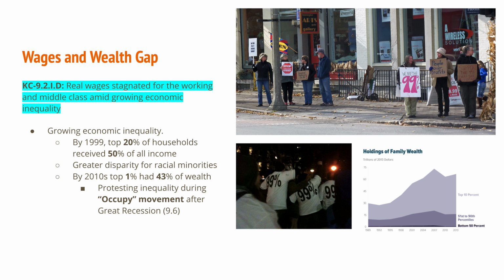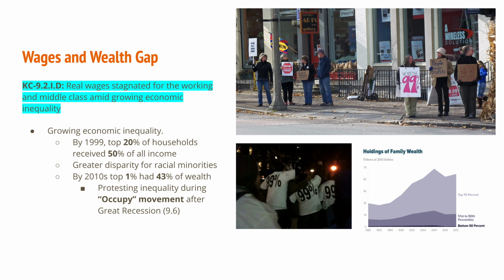All right, so real wages stagnated for the working and middle class amid growing economic inequality. So despite this huge period of economic growth that started in the 1990s, we begin to see that the top 10% of the population in terms of wealth are holding the majority of the nation's wealth.